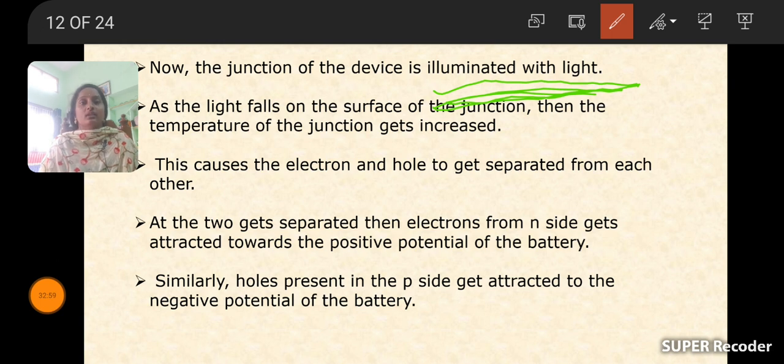This causes the electron and hole to get separated from each other. Then the electrons from the n side get attracted towards the positive potential of the battery.